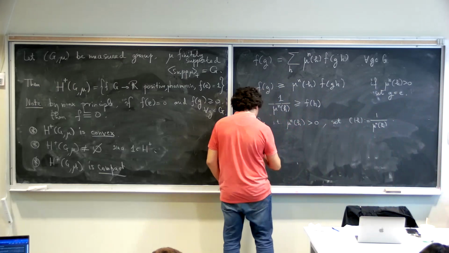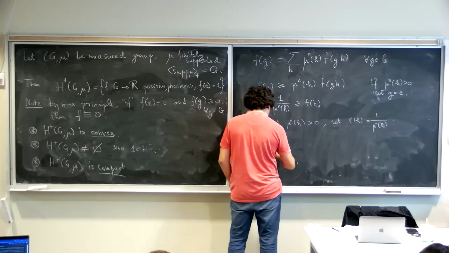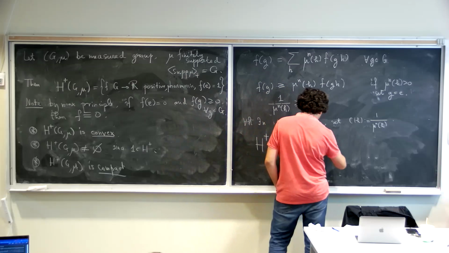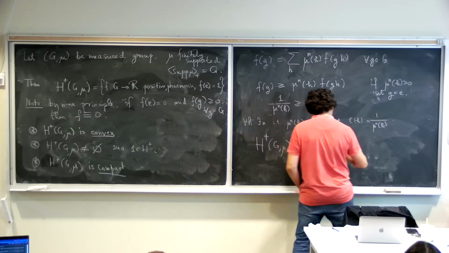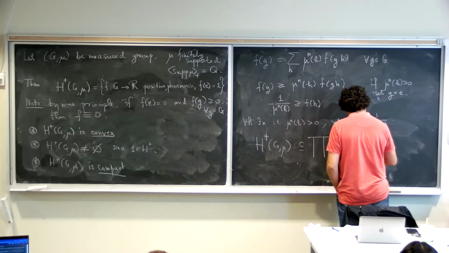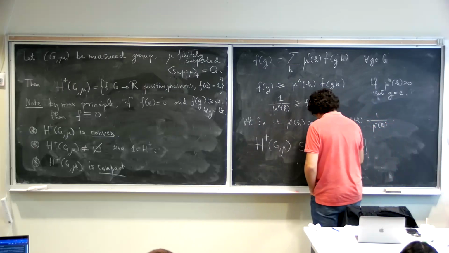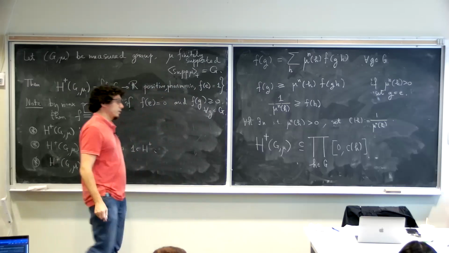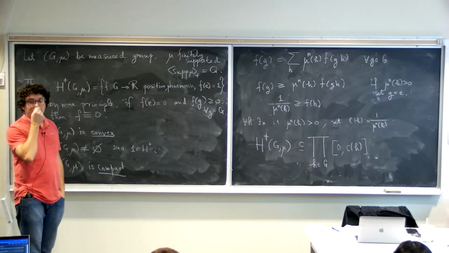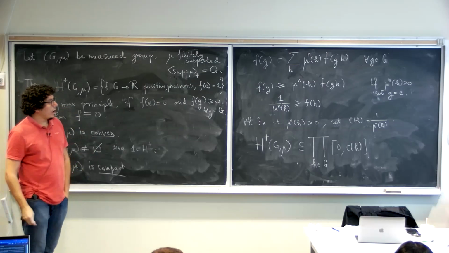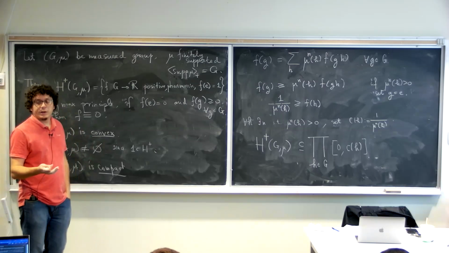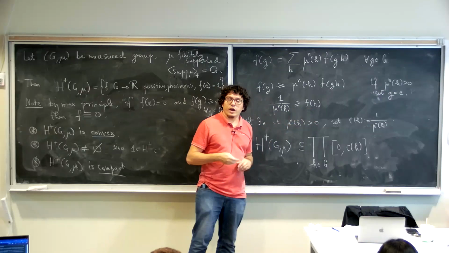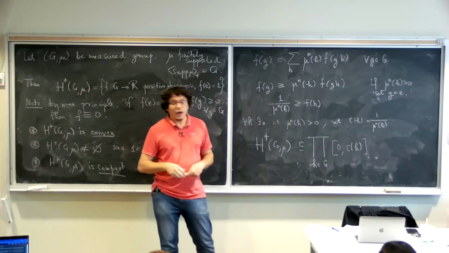So what do we see? We see that H plus of G, mu is contained in this product from 0 to C of h, over h in G, meaning that for every point in the group, there is a uniform upper bound on the value of F. I mean, the idea is pretty simple.